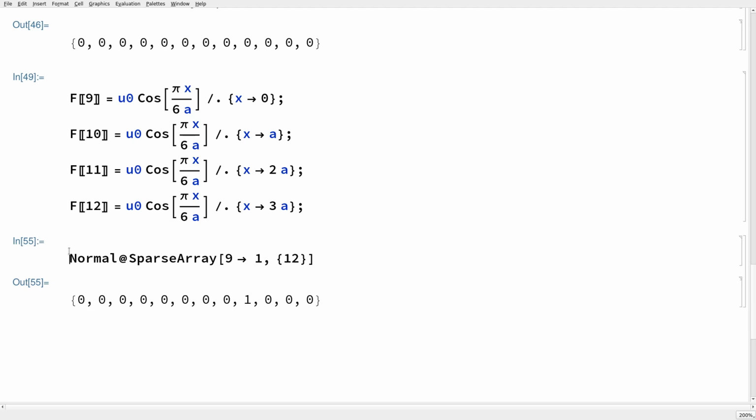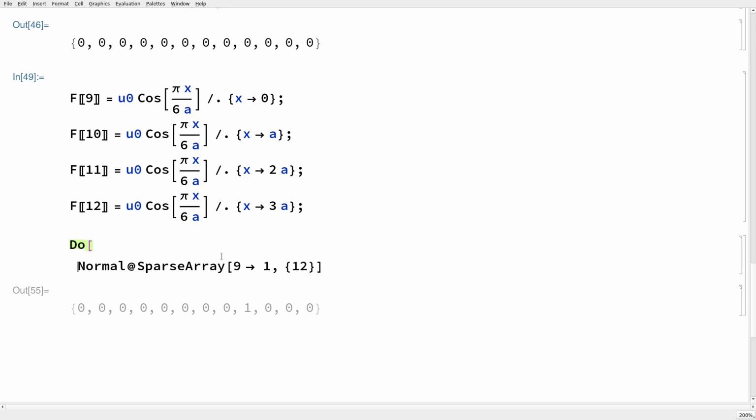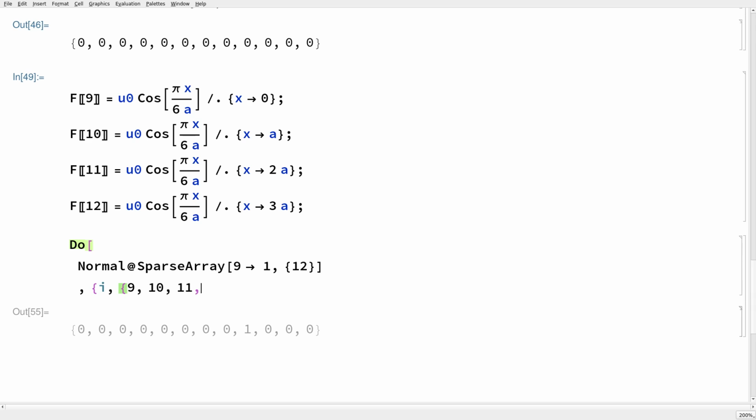Well, then what I could do is, again, basically put this in a loop, where i goes over the nodes where I need to apply boundary conditions. So 9, 10, 11, 4, 8, and 12.